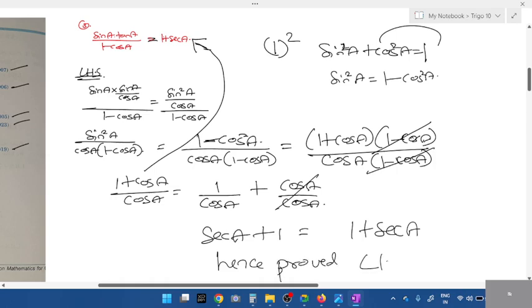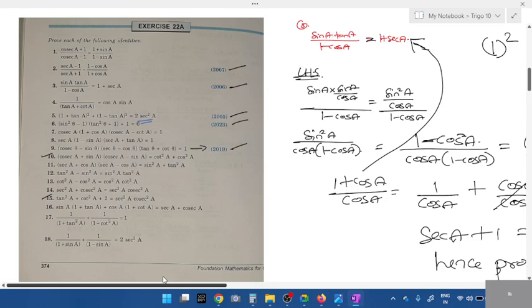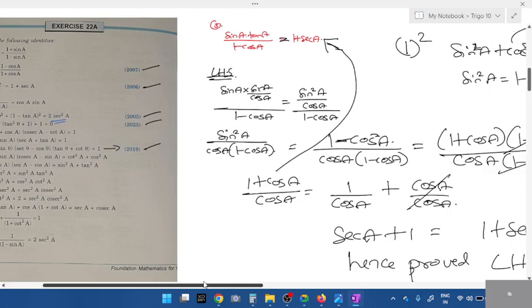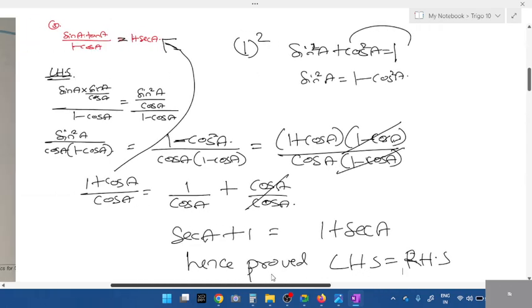Hence proved, left hand side is equal to right hand side. Okay, completed. Go through this. When was this given? 2006. Board exam 2006. These are the types of questions you get.